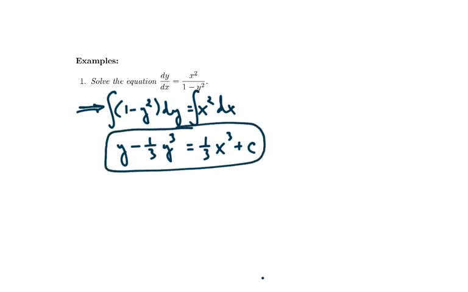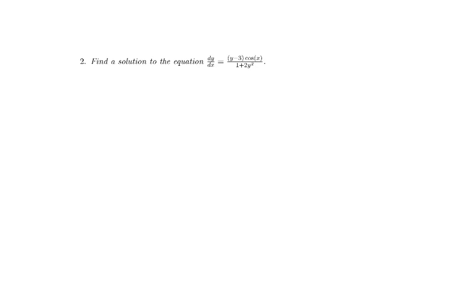So let's look at another example, like this one. This is number 2. We've got dy/dx equals (y minus 3) times cosine x, all divided by 1 plus 2y squared. And so I see I could keep the cosine term on the right and multiply the dx over, and I could divide the y minus 3 over 1 plus 2y squared onto the left side.